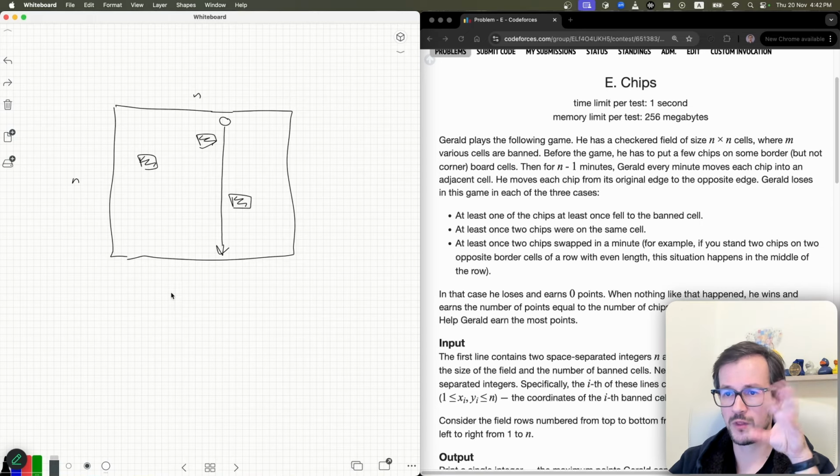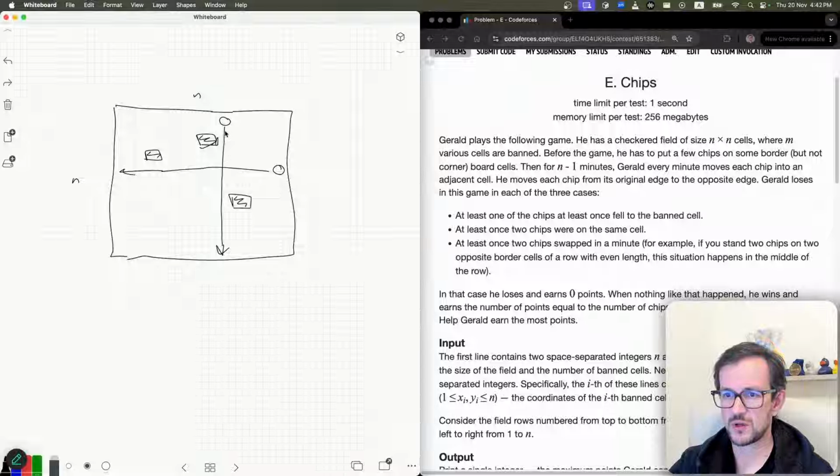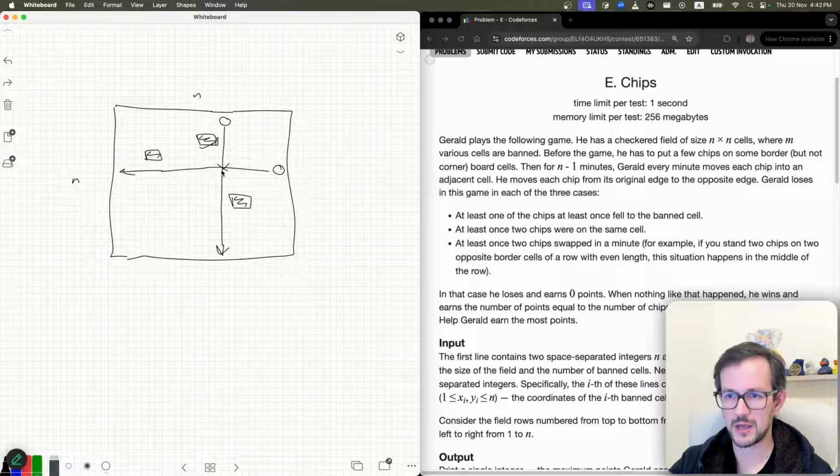We want to move all the chips simultaneously, so they never go to these banned cells. And we don't want these chips to collide. So we cannot move another chip here. So it moves here. If this distance is the same, then these two chips may collide here. It's not allowed.